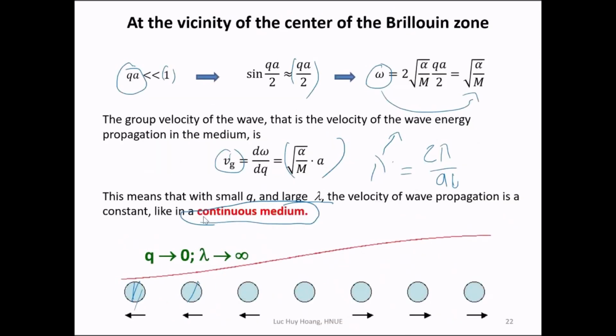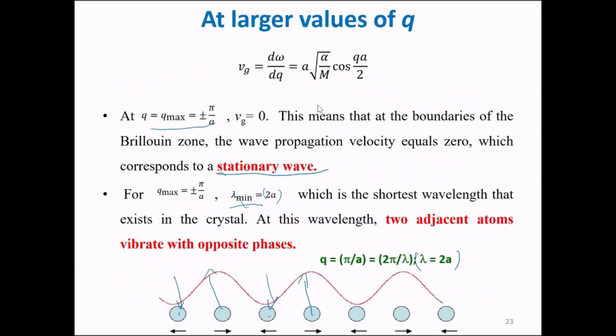Okay, at the center we have wave propagation with a large value of lambda. And at the boundary, we have the minimum of lambda, the maximum wave number, and then we have the stationary wave.